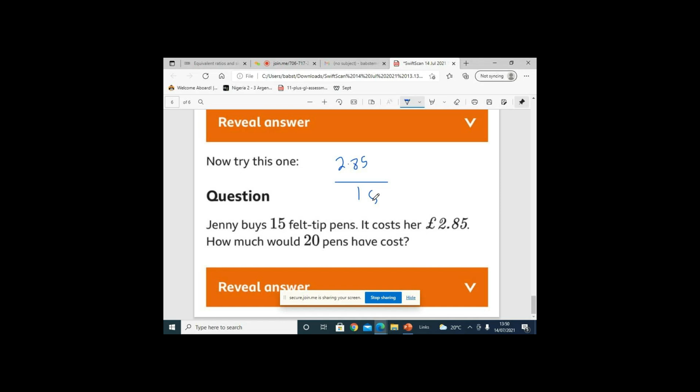So it's going to be 19p. I multiply 19p times 20. So times 20, that's going to be £3.80. Is that what you got? Yeah. Okay. So you now multiply that by 20. There you get that. So that's the cost of 20 pens. So that's actually what it's going to cost.